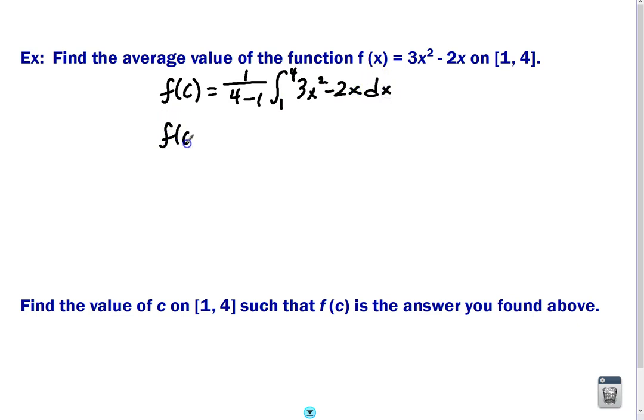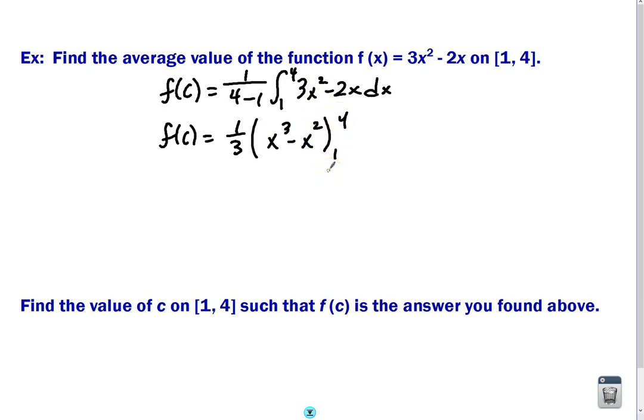So f of c is equal to 1/3, and I'm taking the antiderivative, so I'm going to have x cubed minus x squared from 1 to 4.